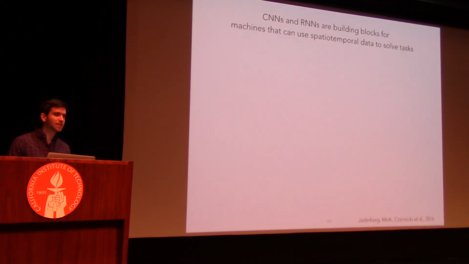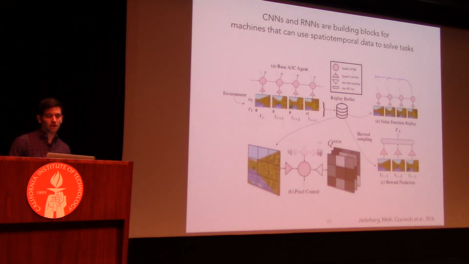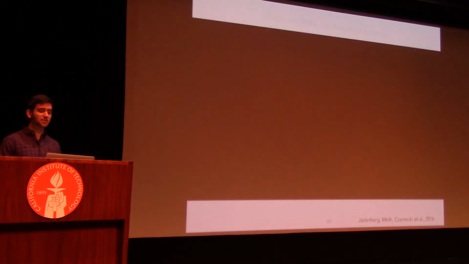So these CNNs and RNNs are the building blocks of building more intelligent agents. One example, for instance, is this recent work where they combined a CNN that's taking in visual input from an agent exploring a maze, and it's trying to optimize some reward that it's getting, but it's also predicting what reward it's going to get, what the value function will be, and trying to also control the pixels that it's seeing.